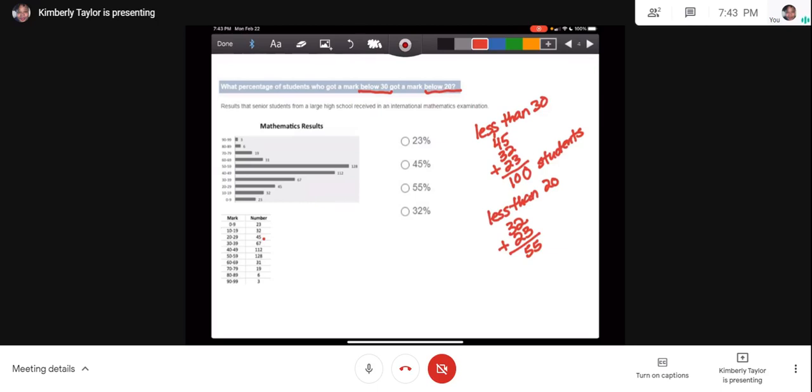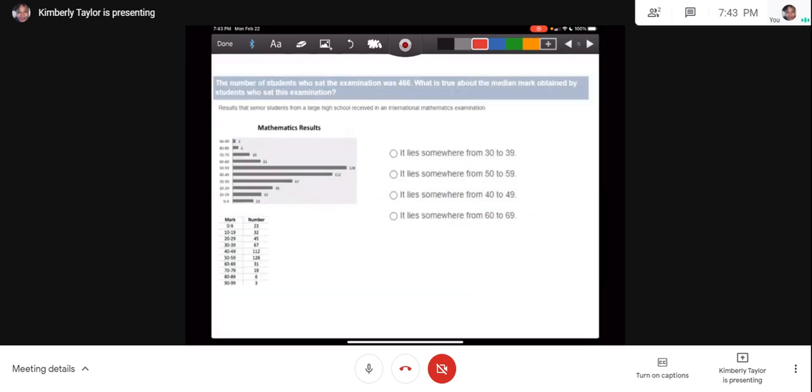To find the percent, you would say 55 divided by 100. Well, all percents are out of 100, so this one worked out pretty nicely. You don't have to really do any math. Just go straight to your answer and say 55%. Okay, let's keep going.